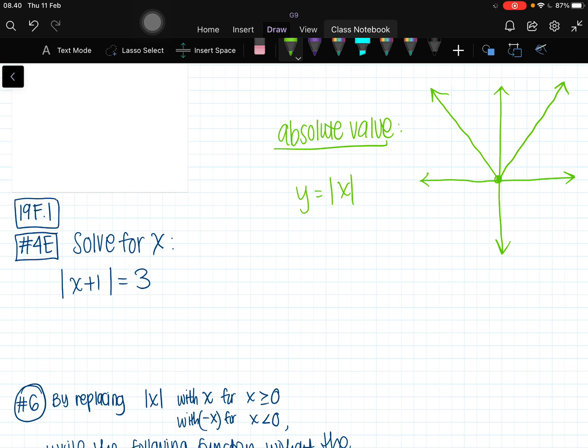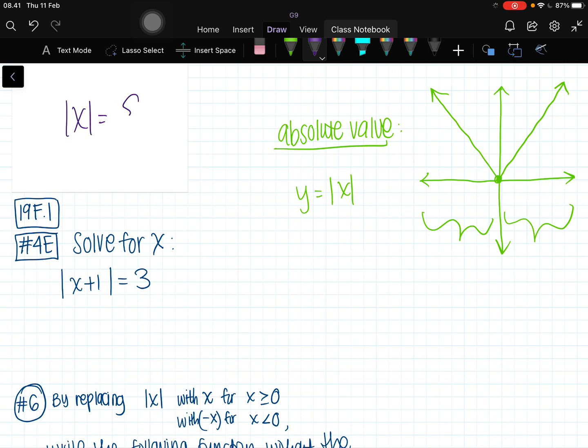And we know that absolute value of x contains two parts, right? Because we have our negative axis and our positive axis. So we have two parts of the graph.